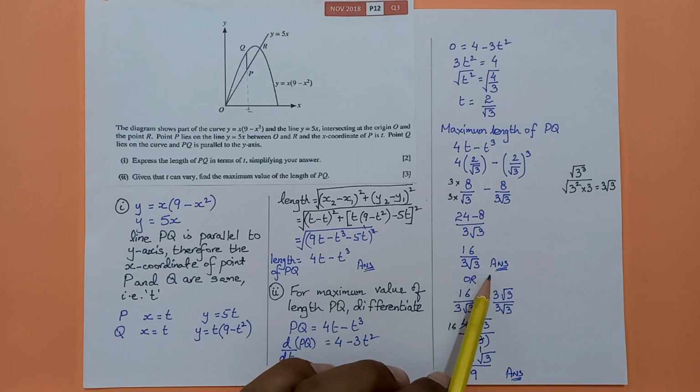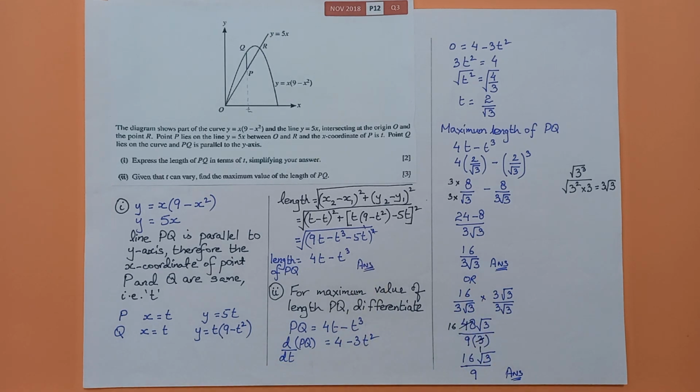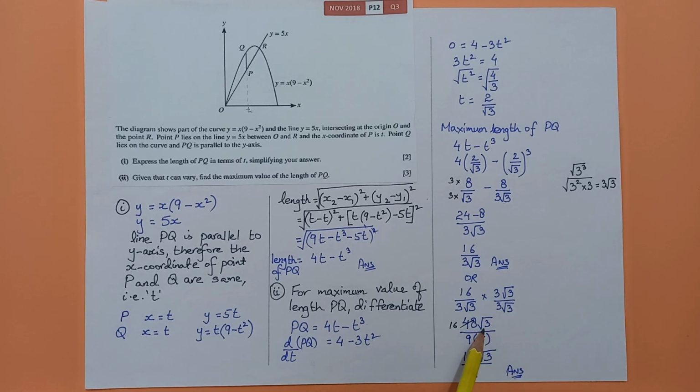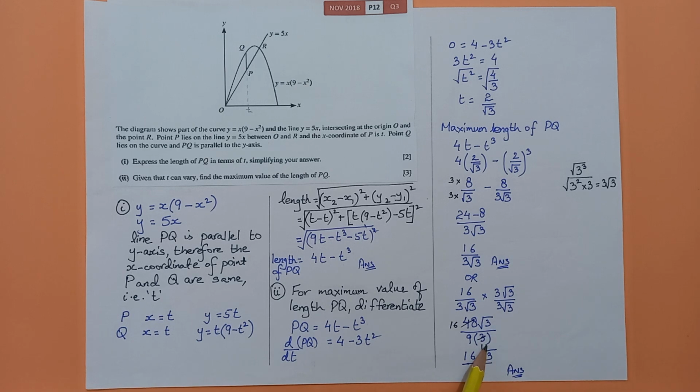This answer is also acceptable if you write it in the paper, but if you want to remove the radical sign from the denominator, then you have to go through the rationalization process. Whatever 3 root 3 is, multiply with that and divide with that. So 16 threes are 48 with this root 3, and 3 threes are 9, root 3 times root 3 is 3.